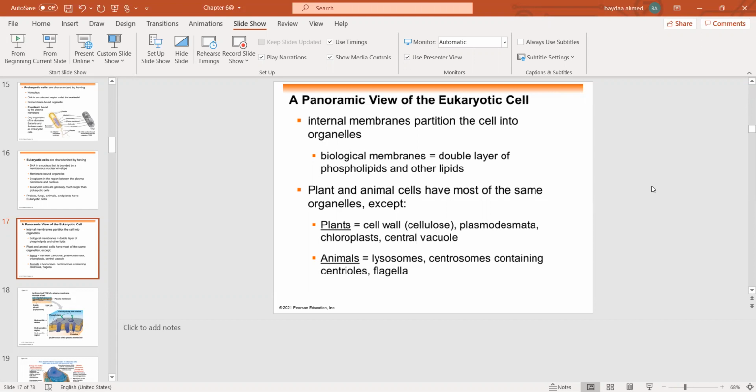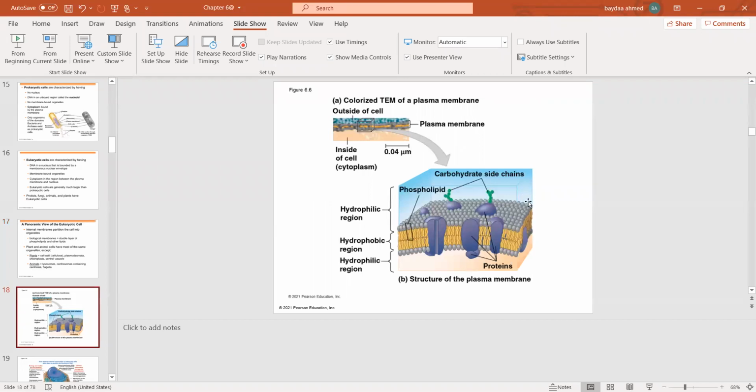They have a plasma or biological membrane. Just as I said before, when we are talking about the membrane, we are talking about the biological membrane that is composed of a double layer of phospholipids, a phospholipid bilayer. So this is the membrane. It's composed of a double layer of phospholipid molecules arranged in this way.